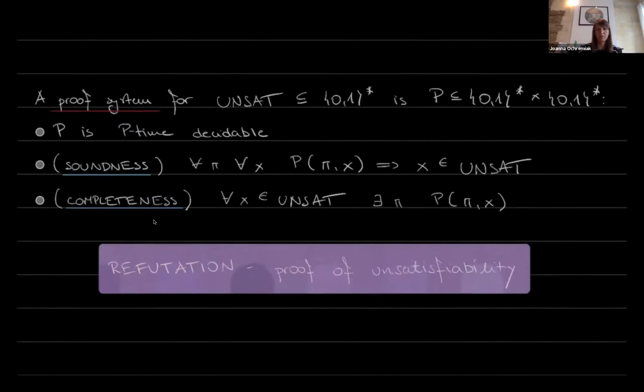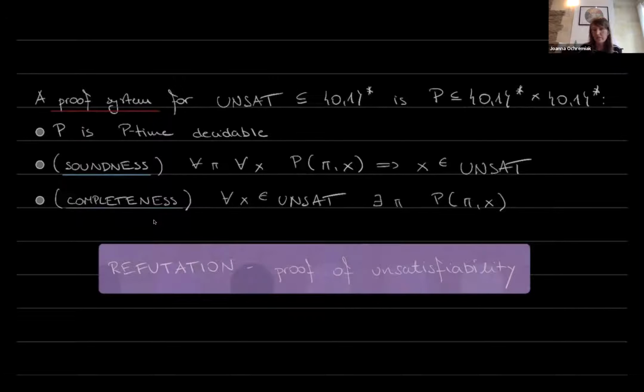Here you have a more formal definition. A proof system for the set of unsatisfiable formulas, here we are considering them as 0-1 strings, because we want to see them as input for Turing machines, so we encode them in some way as 0-1 strings.